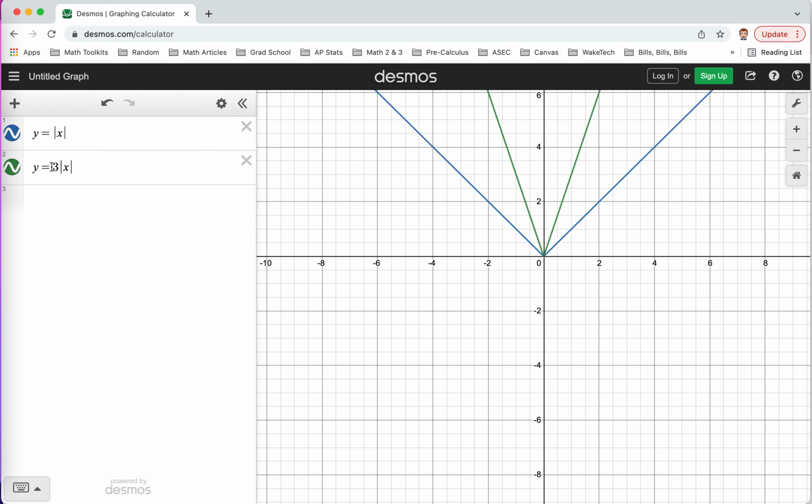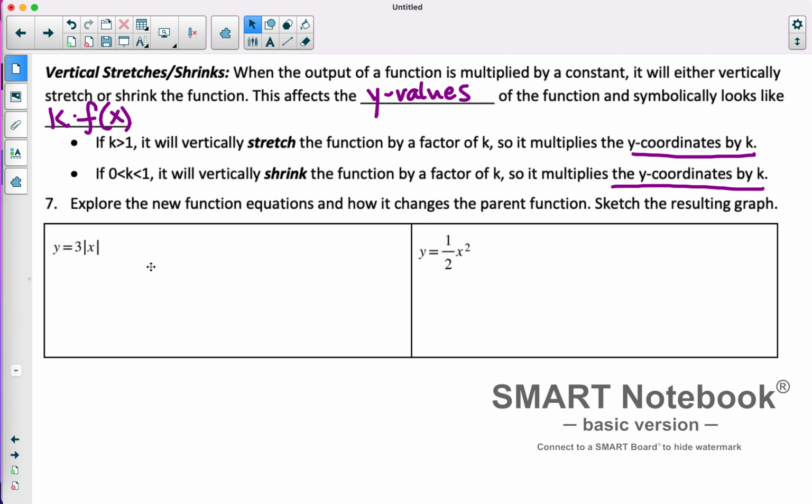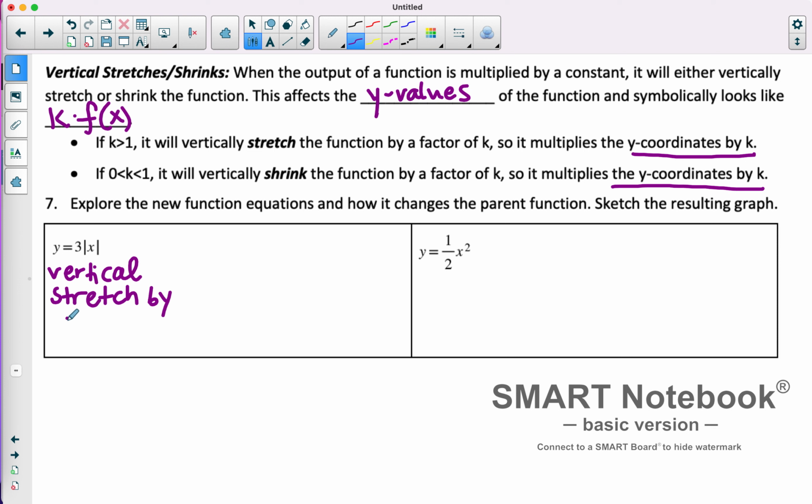Whatever value we put in front, so if I put a 4, that stretched it up by 4. 2 was stretched by a factor of 2. 5, 6, whatever we're doing is vertically stretching it. So when I think about 3 absolute value of x, we just say this was a vertical stretch by a factor of 3.